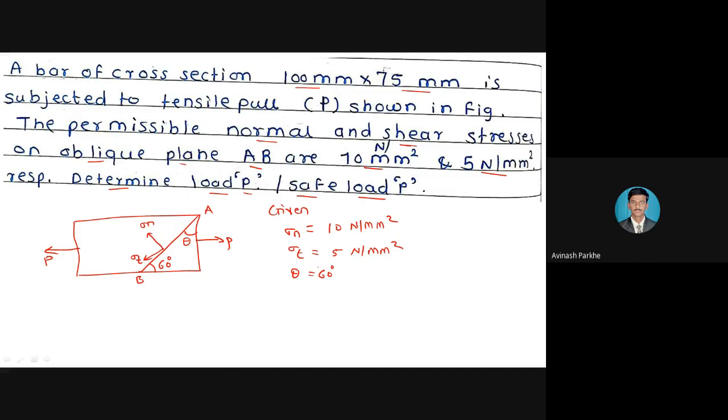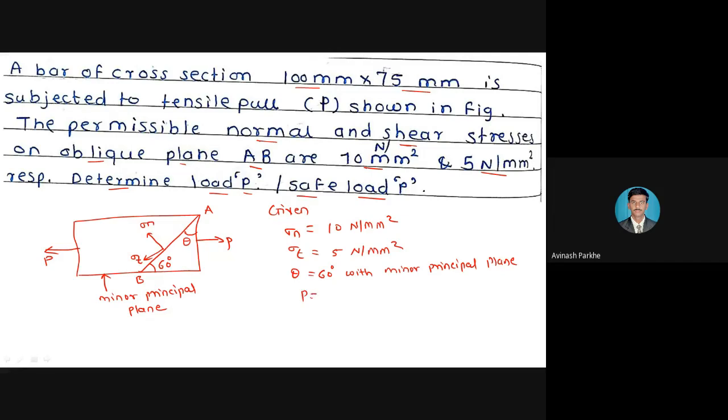Theta is given as 60 degree with the minor principal plane. Whatever the horizontal plane is, this is the minor principal plane.